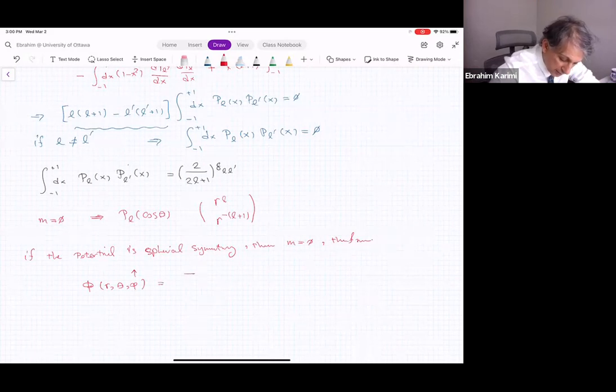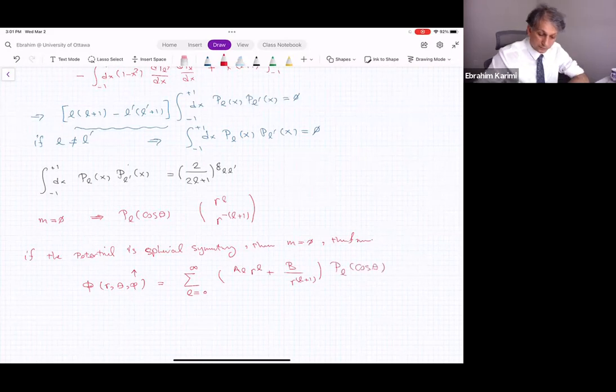Then the solution will be given by the summation over L, changing from 0 to infinity, of either A_L times r to the power of L or B_L r to the power of minus L, which I would prefer to write in a different form, B_L divided by r to the power of L plus 1, times P_L of cosine theta. Clear?